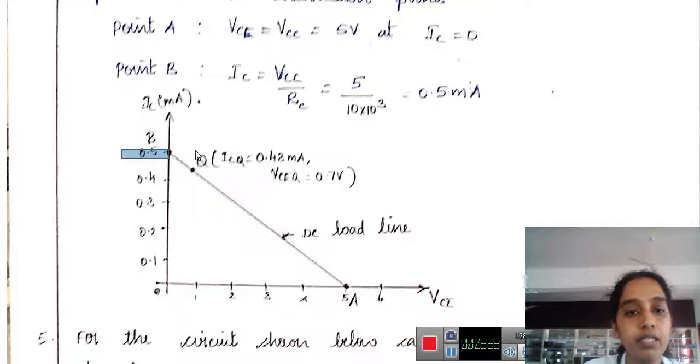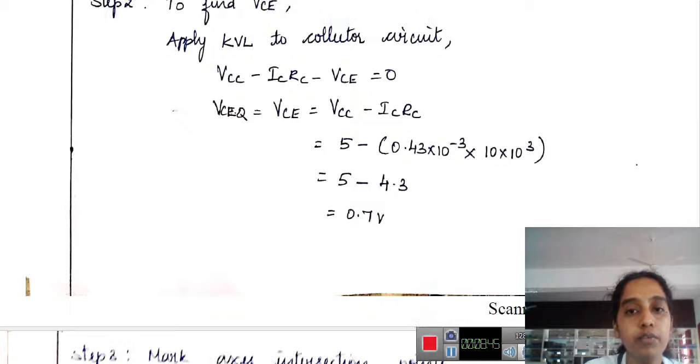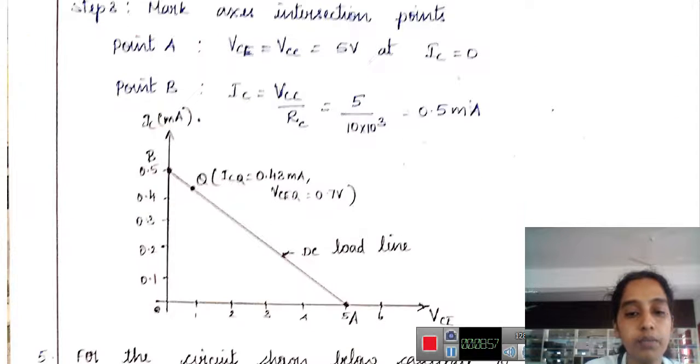To find the Q point or the operating point, we have to find the values of ICQ and VCEQ. The value of VCE we found, also called VCEQ, comes to 0.7 volt. It comes nearly here, 0.7 volt.